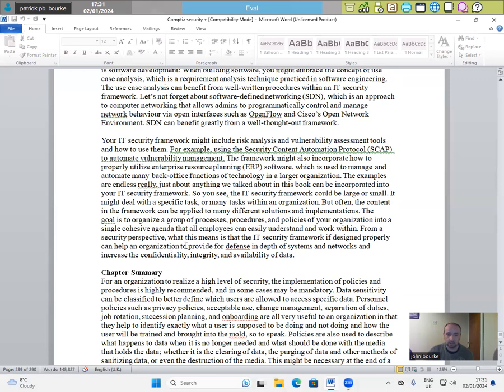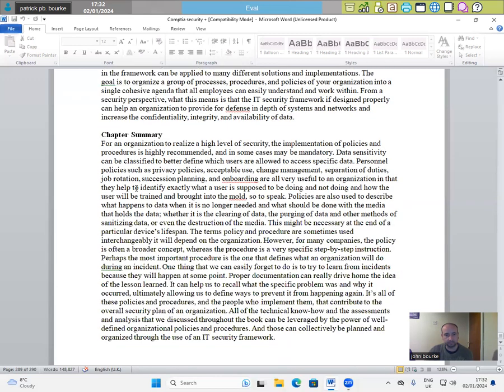From a security perspective, what this means is that the IT security framework, if designed properly, can help an organization to provide for defense in depth of systems and networks and increase the confidentiality, integrity, and availability of data.